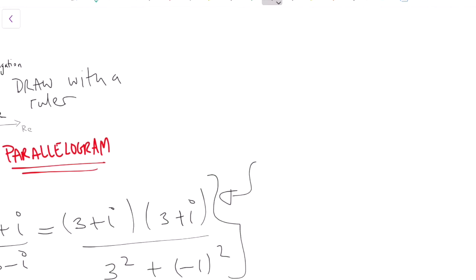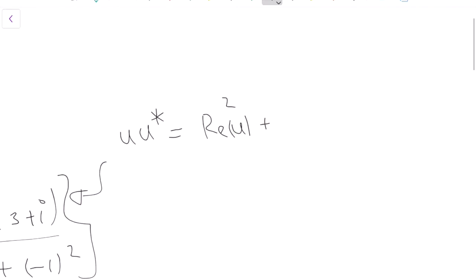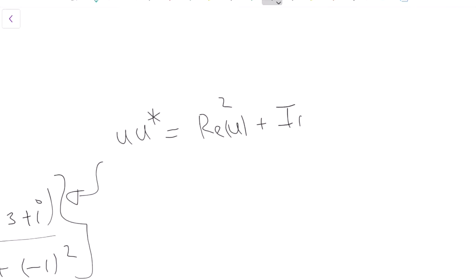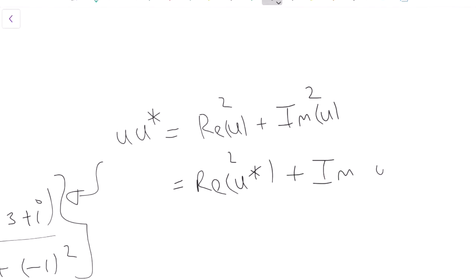You can quickly do these calculations if you realize that u times u conjugate is simply equal to the real part of u squared plus the imaginary part of u squared. This is the same, of course, as the real part of u star squared plus the imaginary part of u star squared.